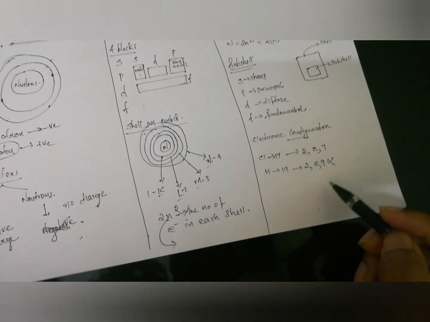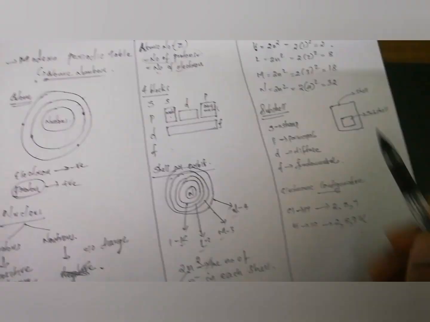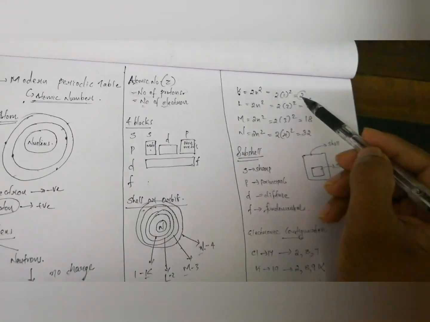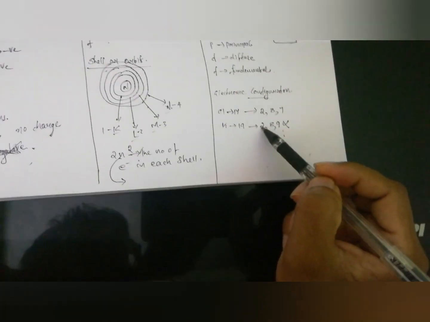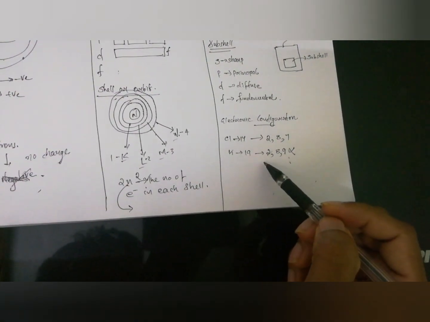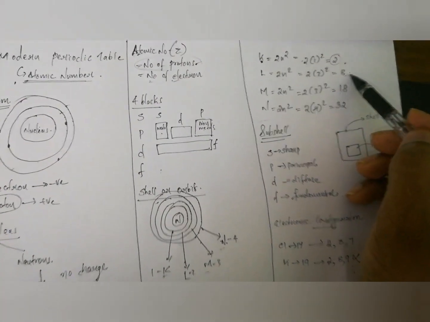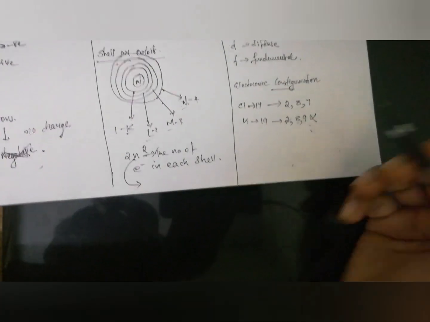Why is this wrong? If the K shell can occupy 2 electrons, then this is correct. If the L shell can occupy 8 electrons, this is correct.